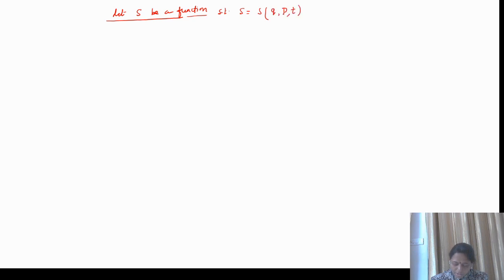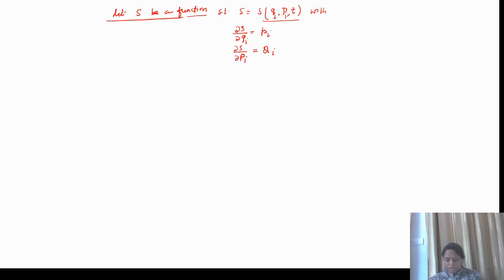You know that this is F2, such that it satisfies the equations of motion. That means delta S by delta q_i is equal to p_i, and delta S by delta P_i is equal to Q_i.